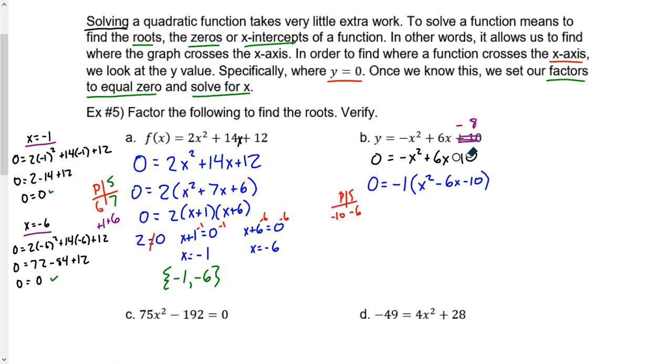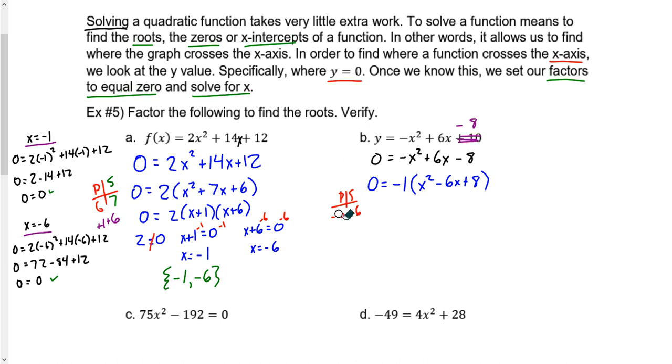Sorry about that. So we factor that -1 out. We'd be left with a positive 8. Now we're good to go.